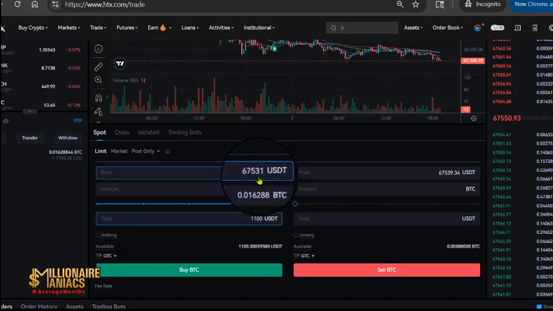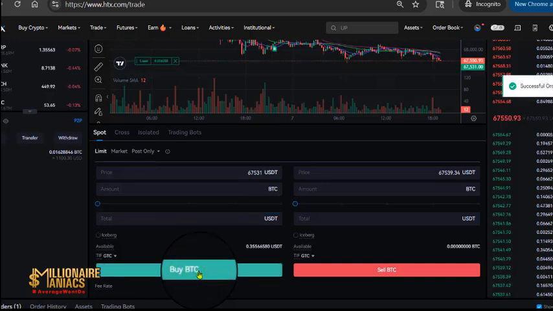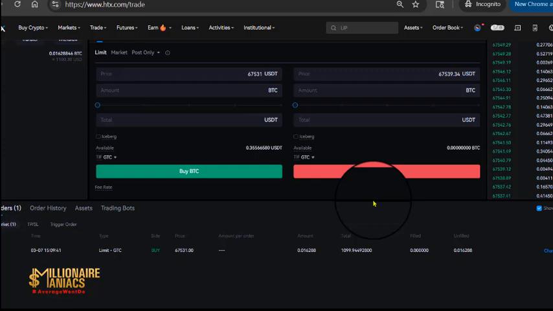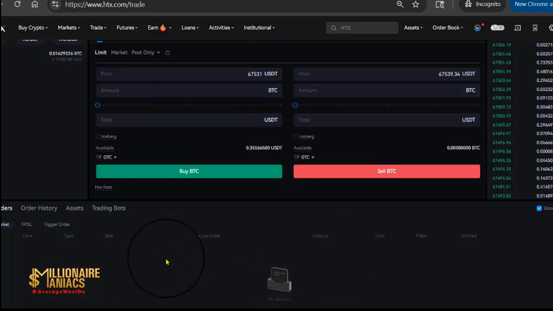Okay. So I'm going to go ahead and click buy BTC. All right. And you see down here, my order is down here. It's good till cancel. This is the price that I'm willing to pay. This is the amount of Bitcoin that I will receive. And this was the amount, and as you see, it went away. That means my order has been filled, right?